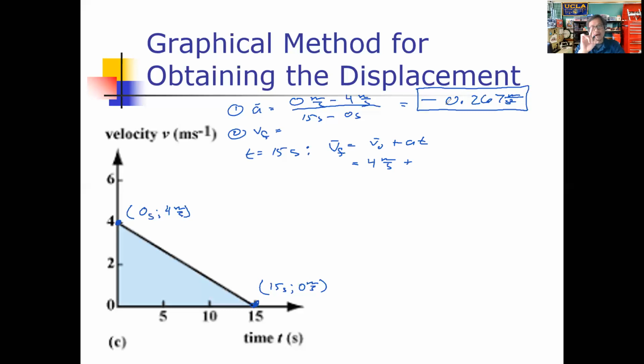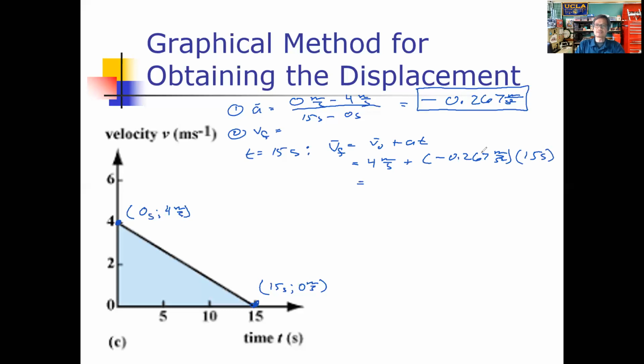Again, the object is not moving in the negative direction. It's still moving along the positive direction. It has a negative acceleration because it's slowing down. With that said, let's plug that in. This is going to be negative 0.267 meters per second squared, or if you want to write this down, negative 4/15, because that'll work out a little bit easier, times 15 seconds, which is the time interval.